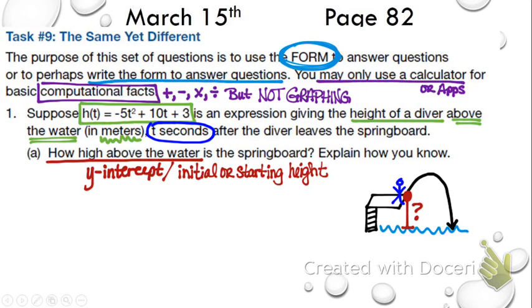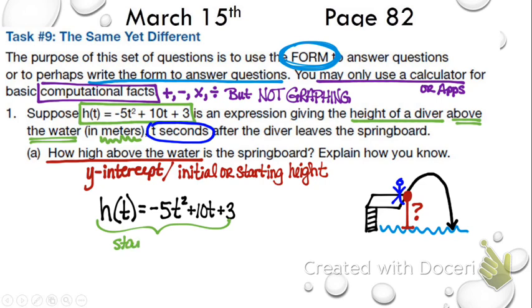I have an equation. All right, so I'm going to recopy that equation: H of t equals negative 5t squared plus 10t plus 3. What form did they give us to work with? Standard form. Sometimes standard form also gets called general form.